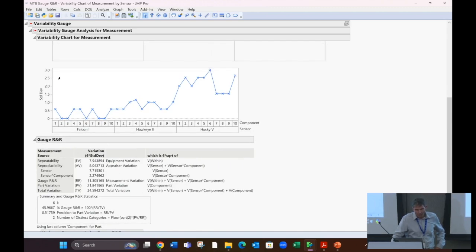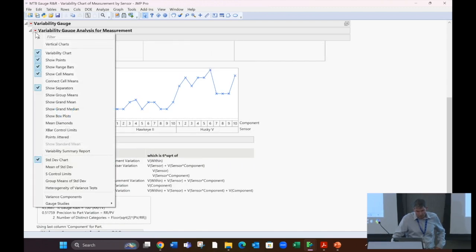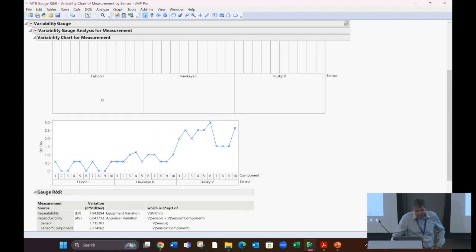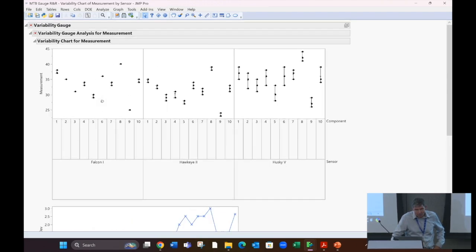What I wanted to show is that we do have a bias in here, that maybe someone is always measuring a bit low, and someone is always measuring a bit high.